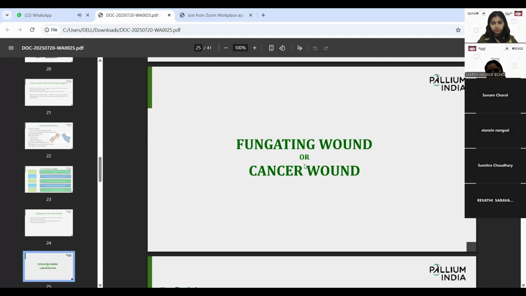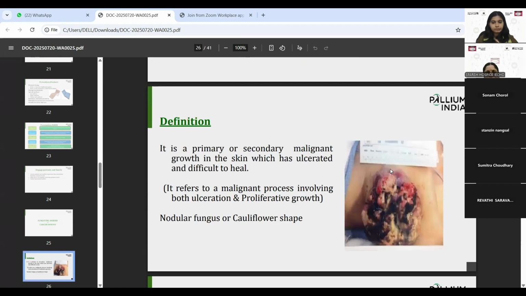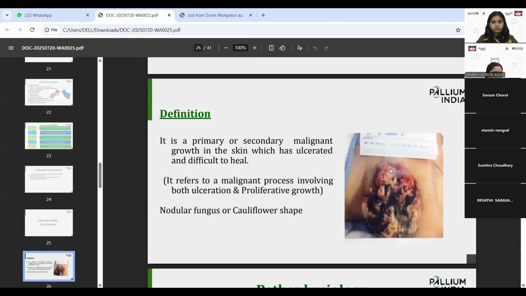Again, a fungating wound is a skin ulceration caused by an underlying cancerous tumor that has broken through the skin surface or skin tissues or skin cells. The malignant tumors are broken into the skin. That is called fungating ulcer, fungating wound, fungating malignant wound.